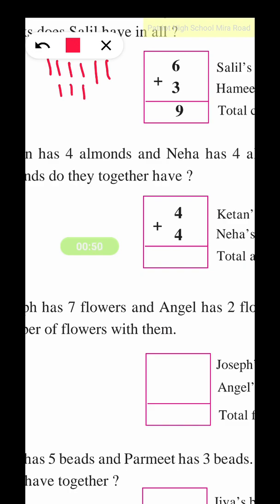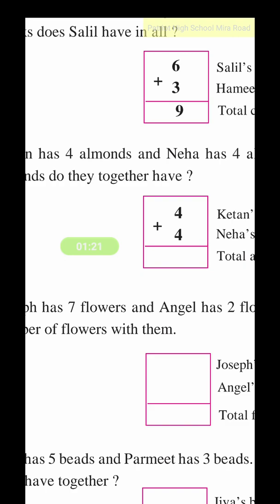So total how many chalks are there? We will count the total number of chalks. 1, 2, 3, 4, 5, 6, 7, 8, 9. We will write 9 over here. So 6 plus 3 is equal to 9.